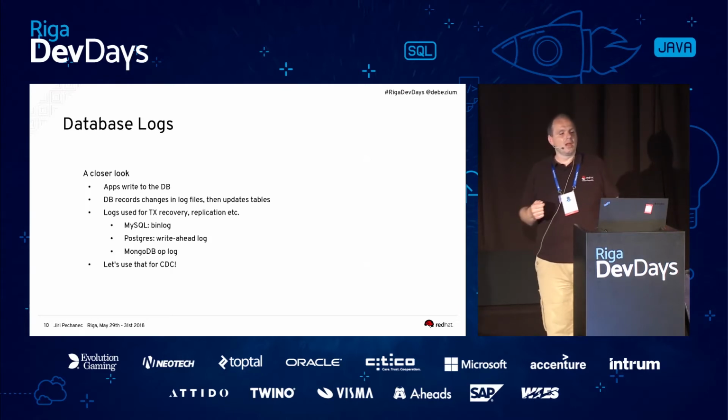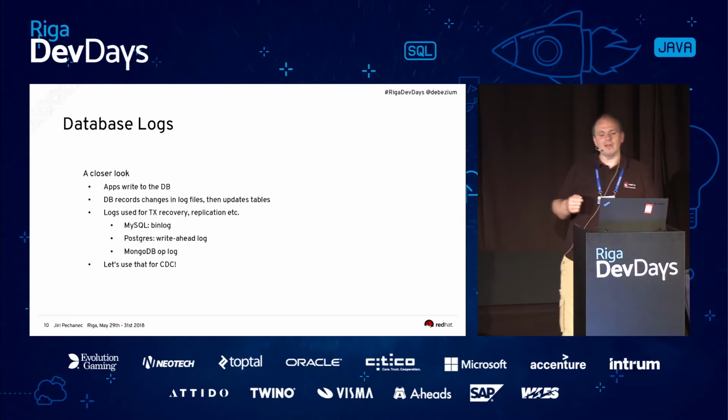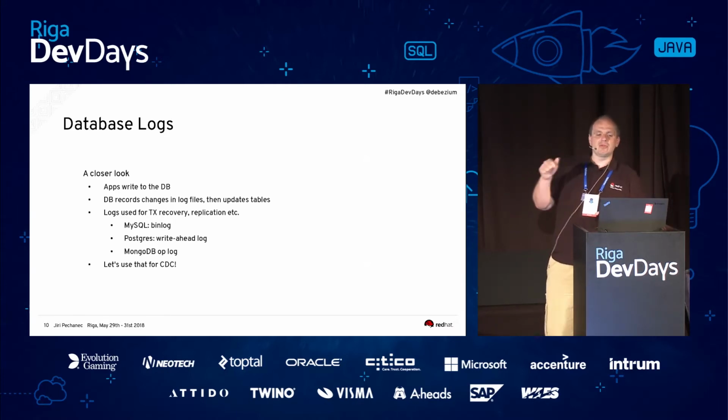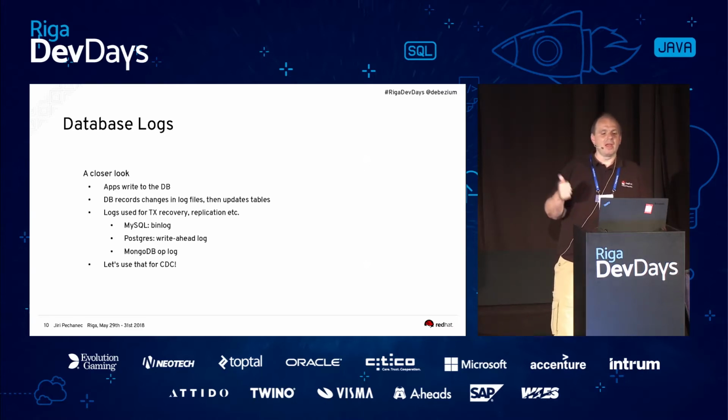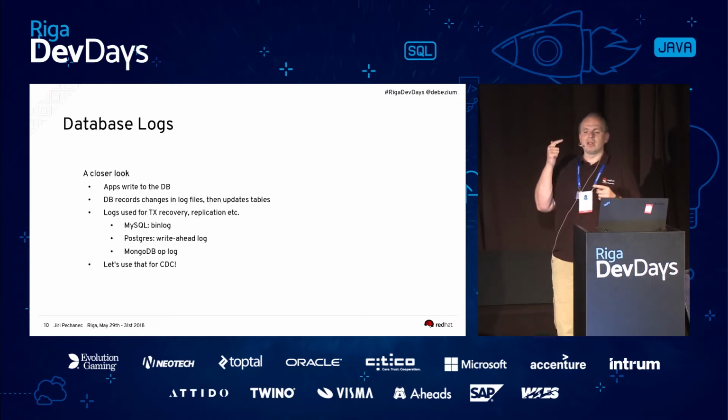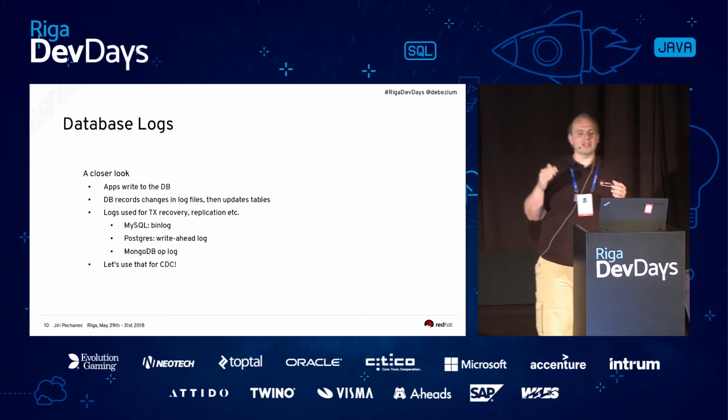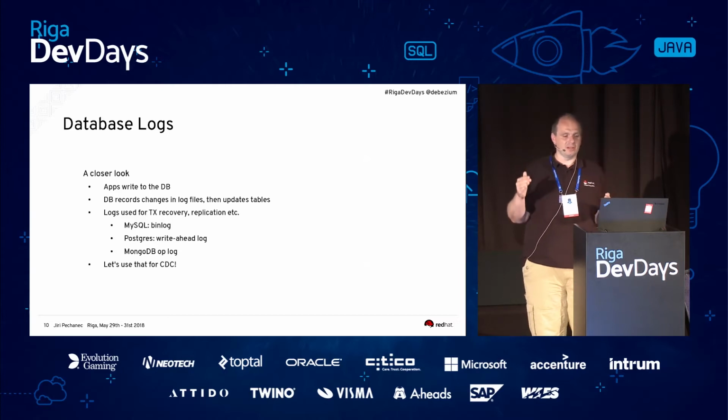So, what are the database logs? I've already mentioned that every write to the database goes first to the database log, and only after the change is committed, the data structures that represent tables are updated.